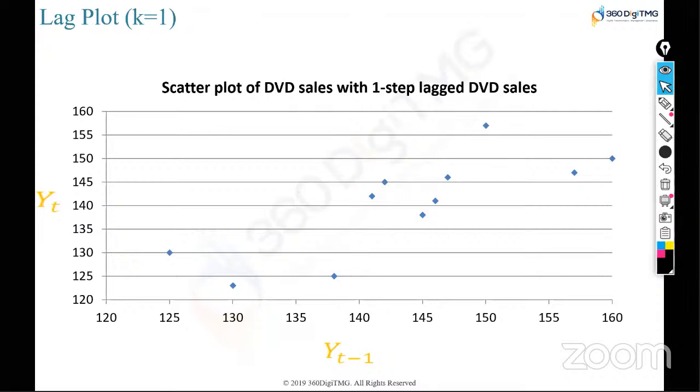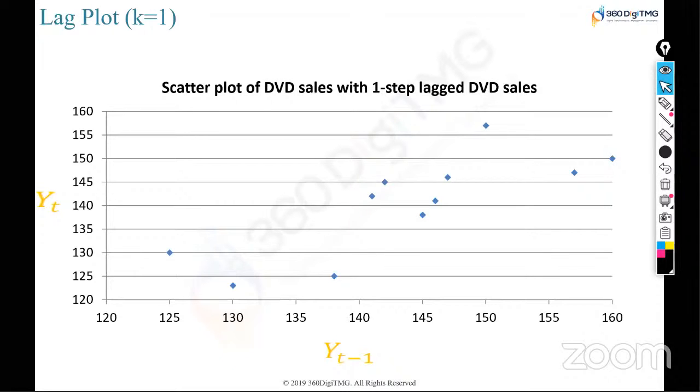Now, we can either plot the lag plot for lag 1, lag 2, lag 3, lag 4, lag 5, like that. We can continuously plot and then compare how much lag 1 looks like a relationship, and then look at the correlation coefficients of each. Or we can take the correlation coefficients of all possible lags, starting from 1 all the way to 10, 12, 13, depending on how many you want.